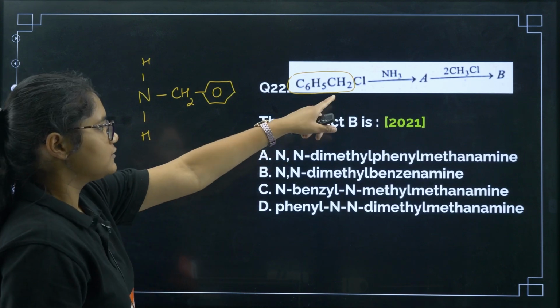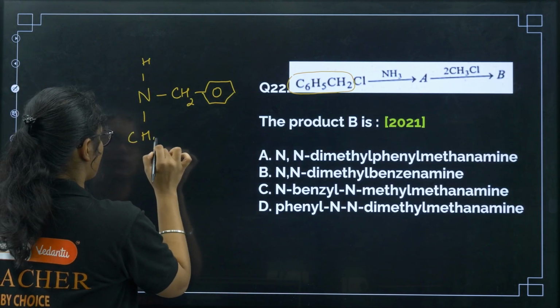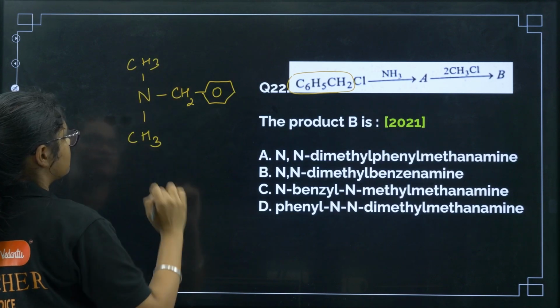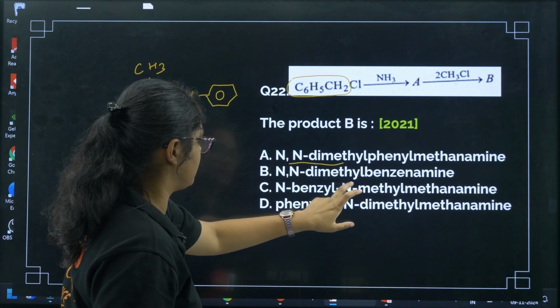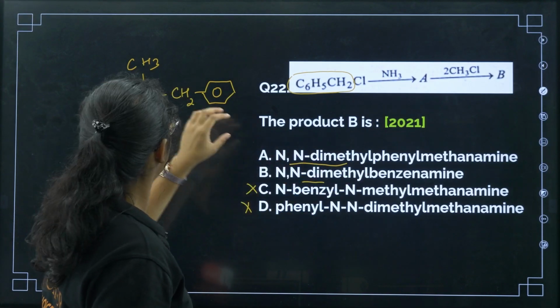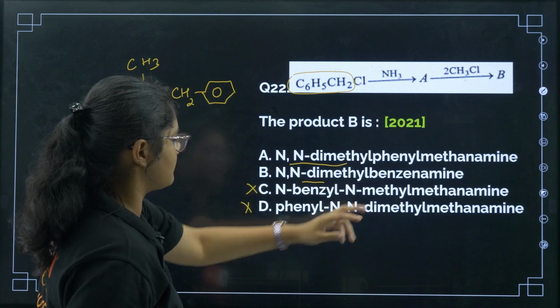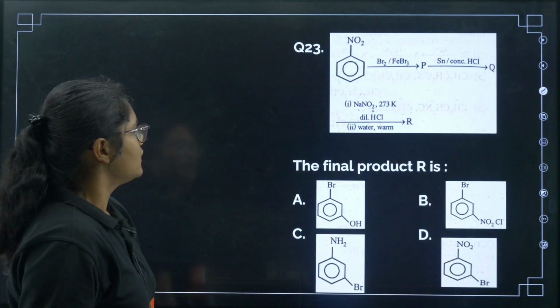After that, again we are treating with CH3Cl, so that will replace all the hydrogens with CH3 groups. So what will I get, N,N-dimethyl, okay, so this option is wrong. Phenyl ethanamine, benzenamine, yes, this is a phenyl group, ethanamine, option number A.